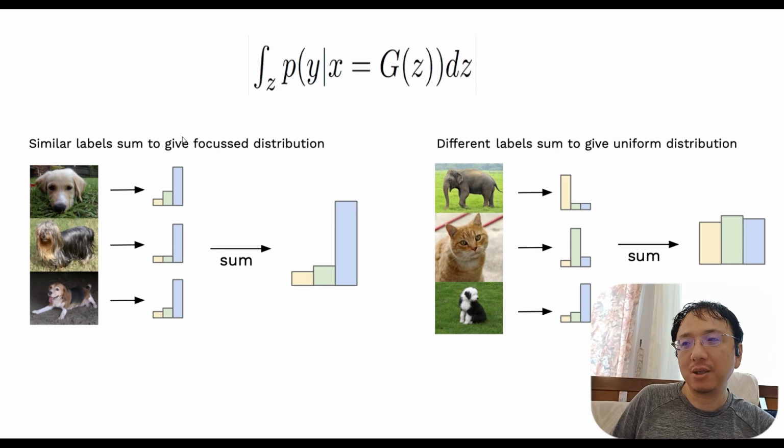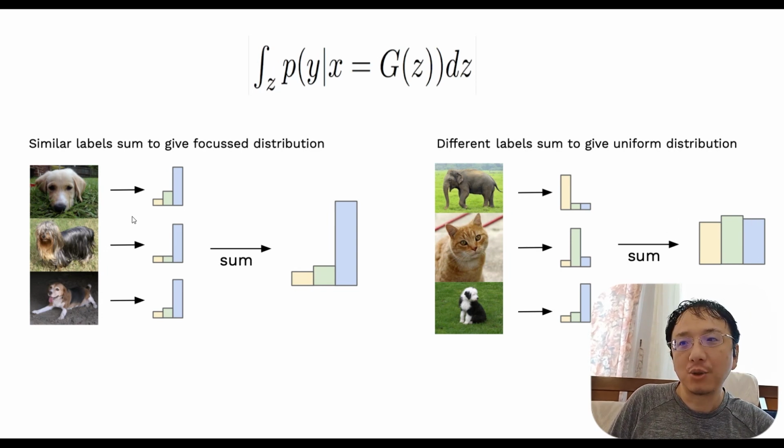We consider the accumulated distribution of one category, and the accumulated distribution of all categories together. On the left-hand side, it should have a distribution that is very uneven. On the right-hand side, where we consider all categories, it should be very even.